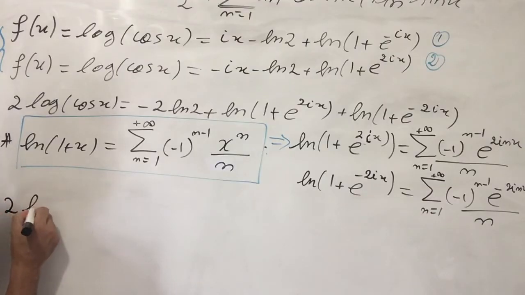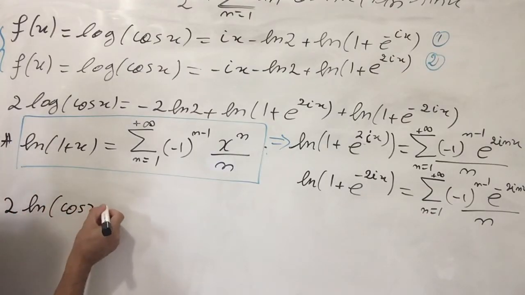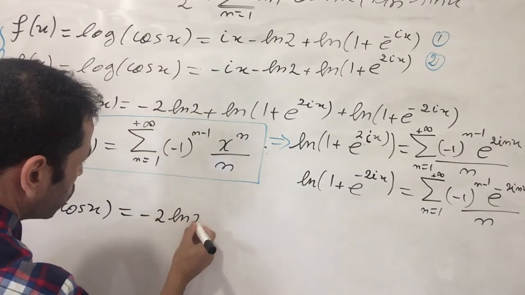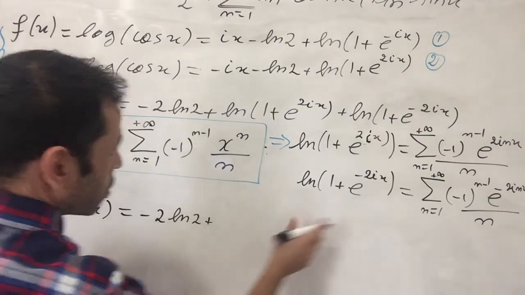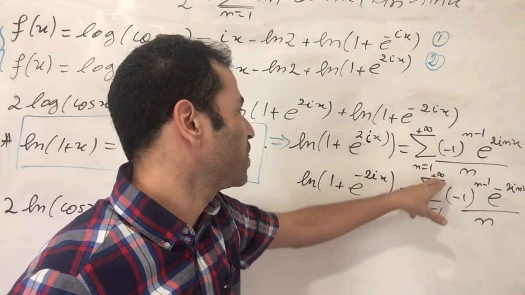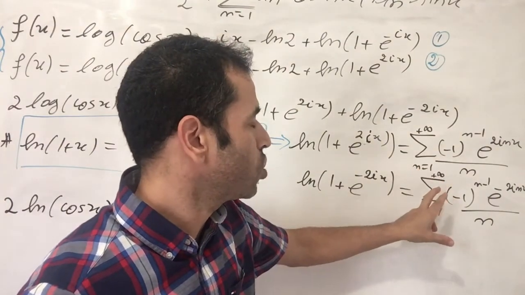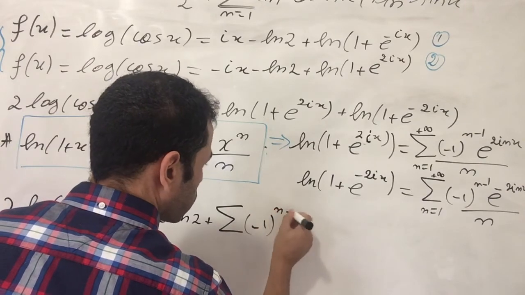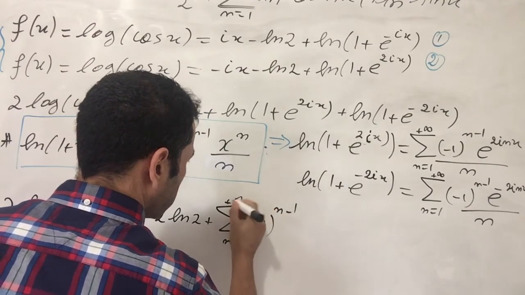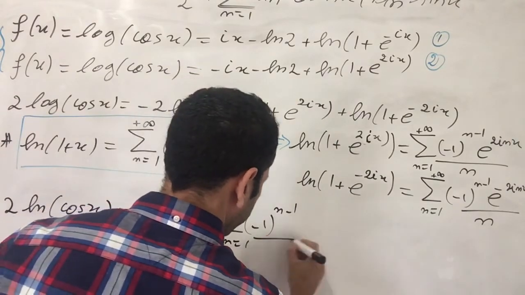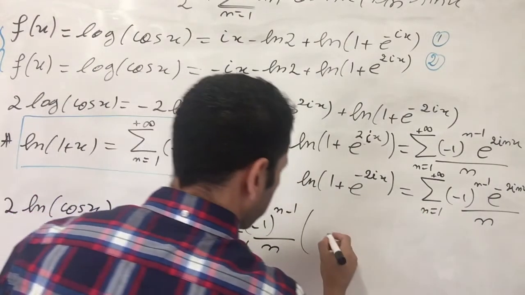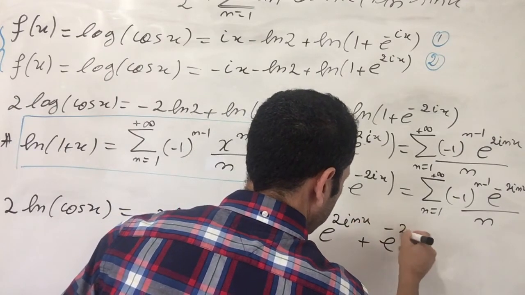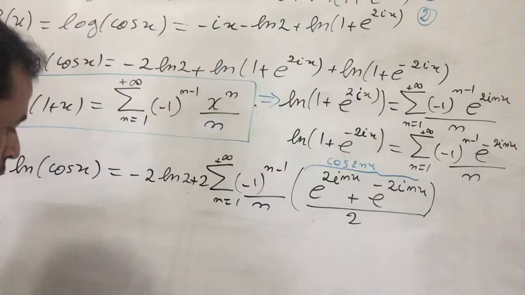So I will have 2 natural log of cosine x equal to minus 2 times natural log of 2 plus this expression. I'm going to put these two expressions into one by multiplying by the sum of minus 1 to the n minus 1, as n goes from 1 to plus infinity, over n, multiplied by e to the inx plus e to the minus 2inx.